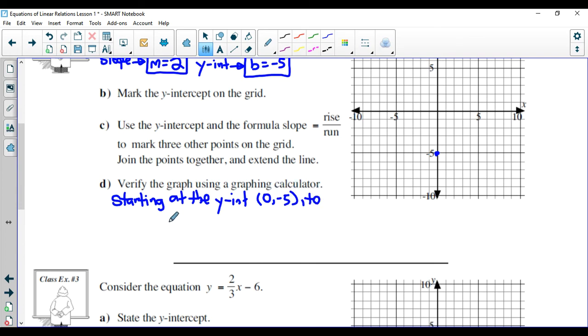To plot a second point, from the y-intercept, I'm going to go up or down by the rise.